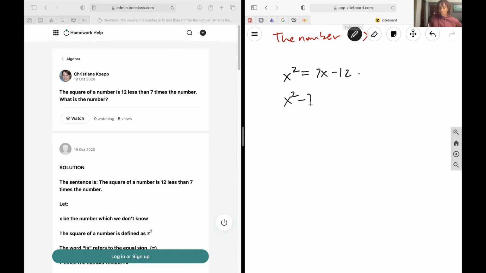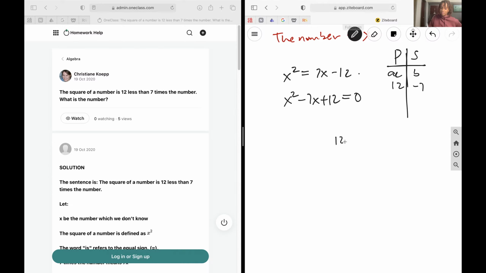So I have x squared minus 7x plus 12 is equal to 0. And so, as I said earlier, my coefficient this time is 1, so I can use product sum. We're going to go over it with the quadratic formula too. So AC, B, my AC is going to be 12, and my B is negative 7.